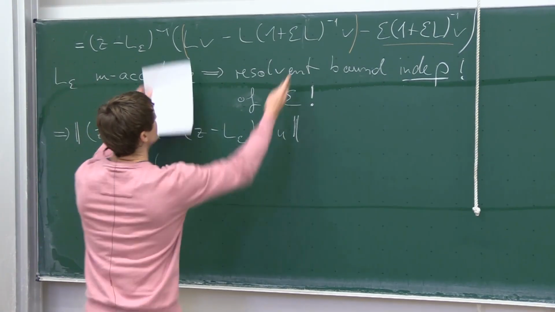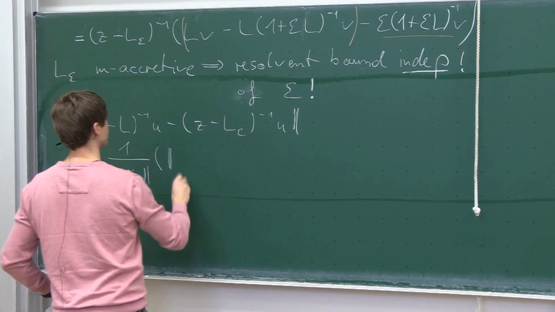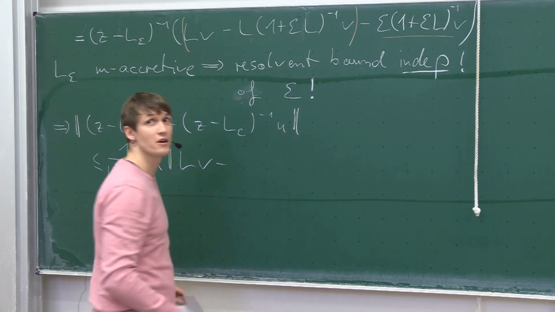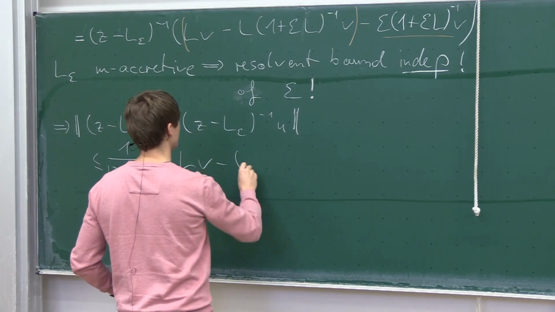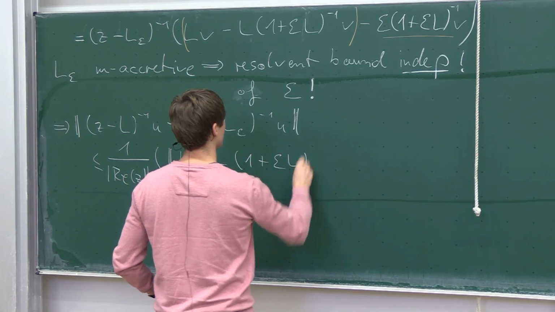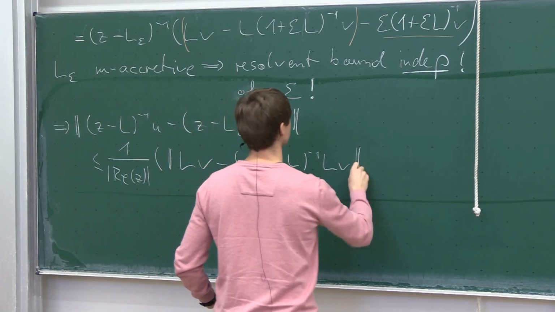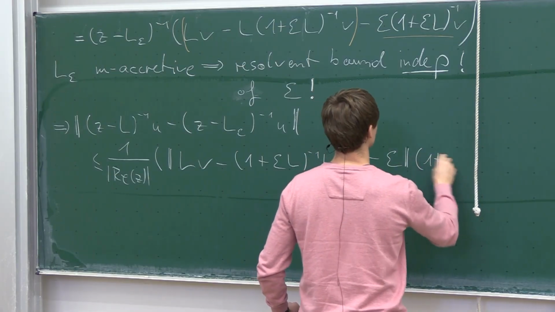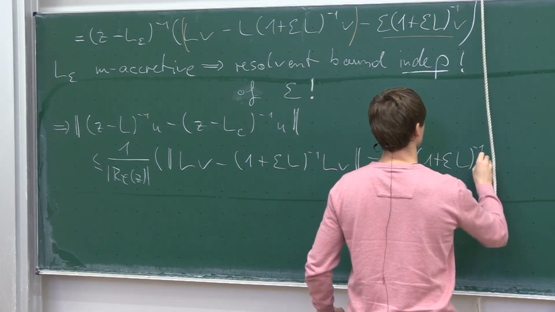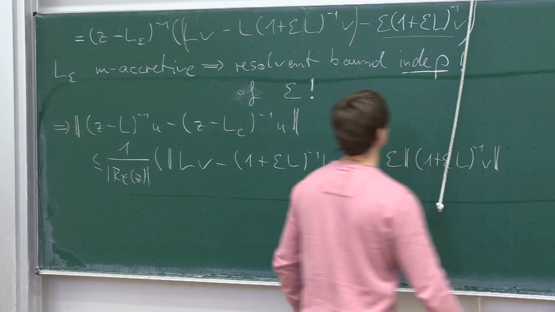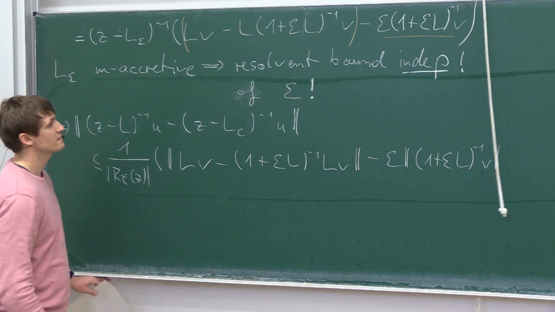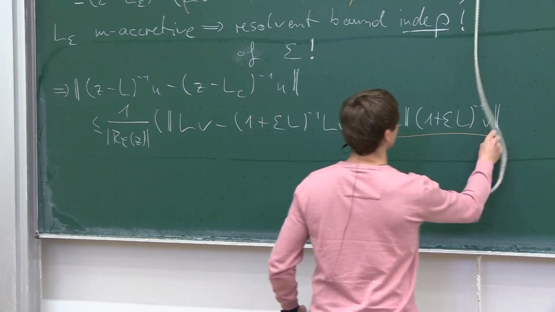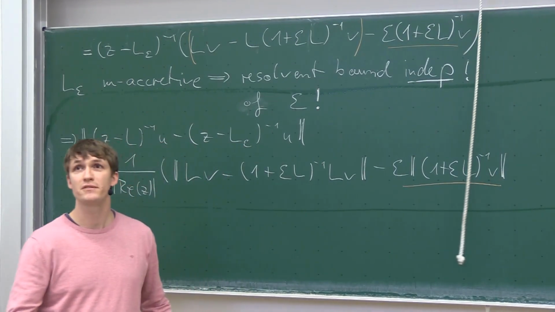Okay, so I take the Hilbert space norm of this expression. This is LV minus, and now I compute the operator L with its resolvent. So this gives the resolvent applied to LV minus epsilon times the resolvent of (1 plus epsilon L) inverse applied to V. Now, the easy thing here is that this term just stays bounded by resolvent estimates.